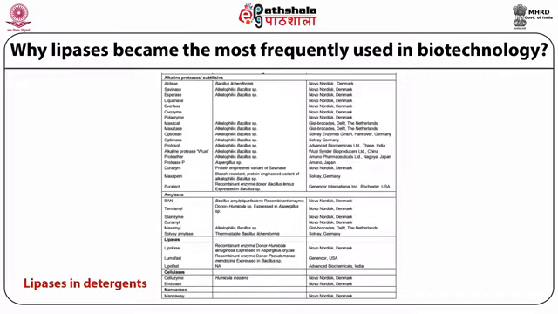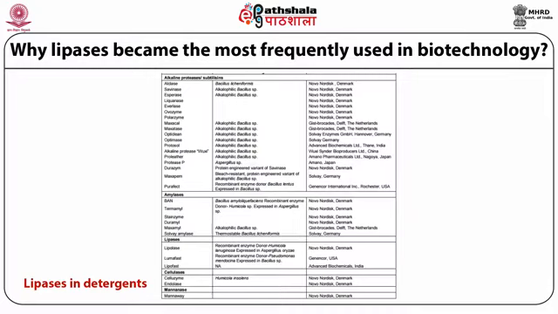It was in 1988 that Novozymes introduced Lipolase, a lipase for adding to the detergents. Around 1994, Gist-Brocades, another company at that time, introduced Lipomax. Another company called Genencor International introduced Lipoprime. Both were lipases tailored for incorporating in detergents.